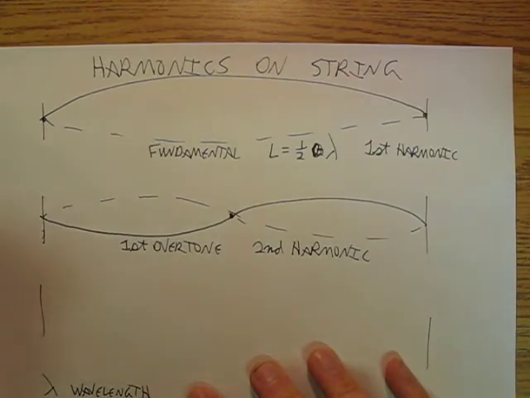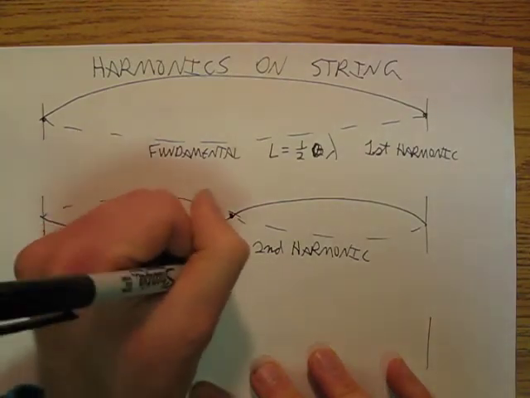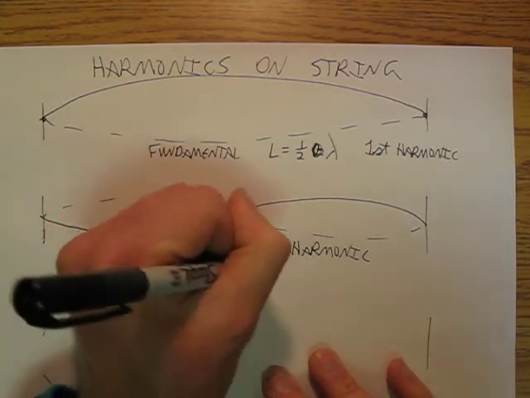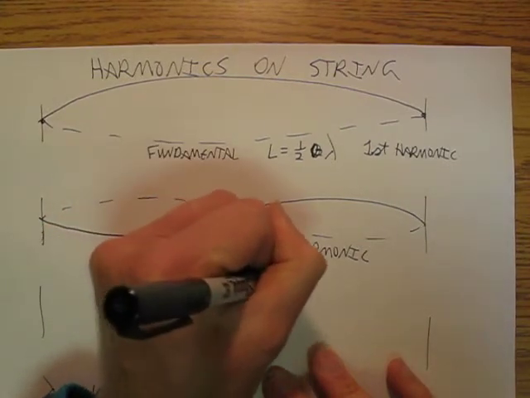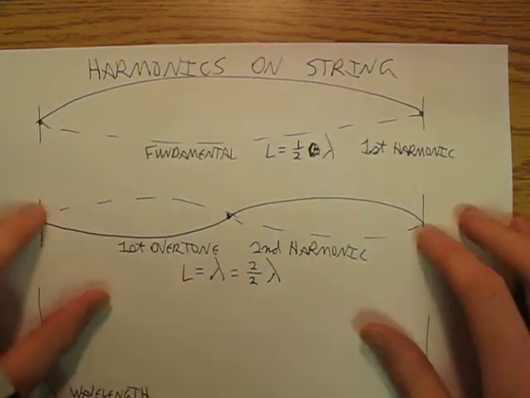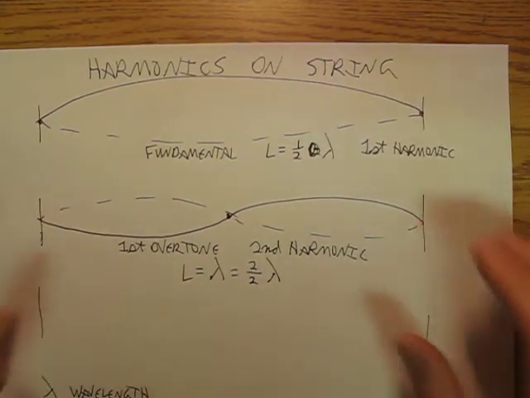And so here, my L equals lambda, and I'm going to put right here 2/2 lambda. So my L is 2/2 lambda.